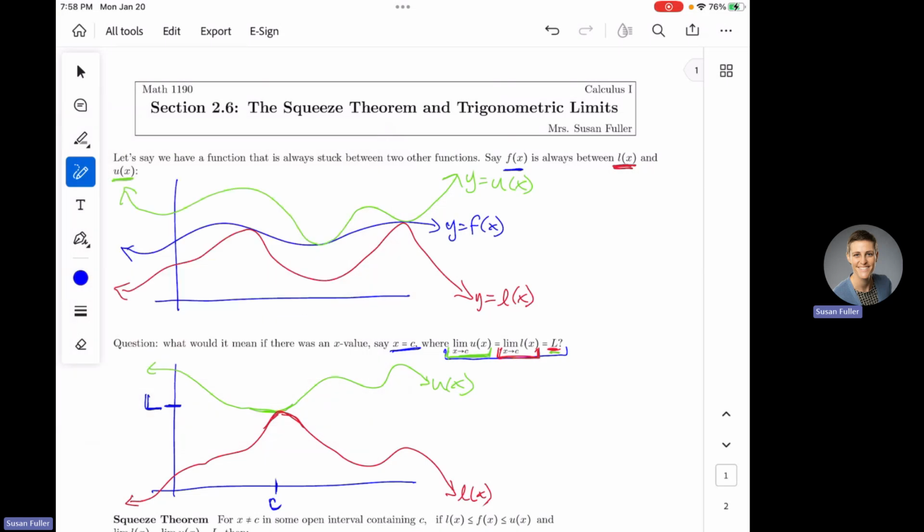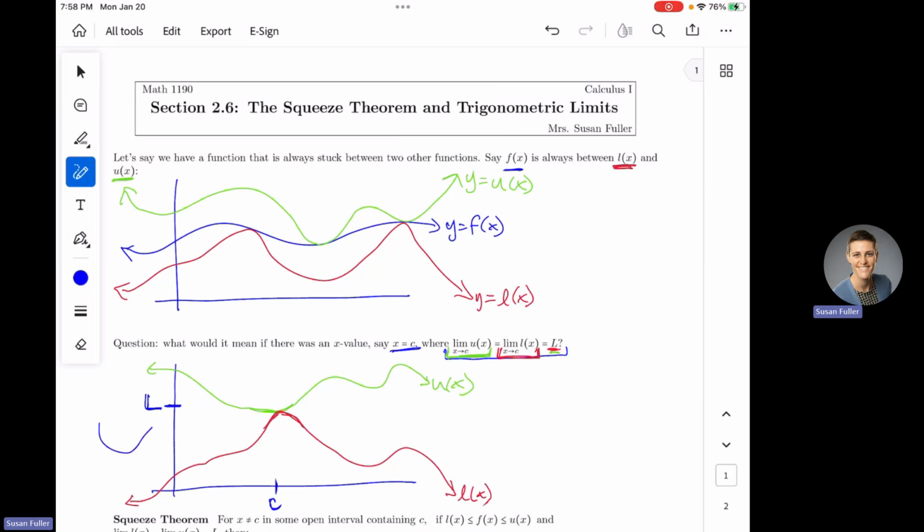Okay, so what would it mean if these two functions had the same limit? Well, notice since both of my y values have to approach the same value, these two functions basically have to come and touch each other there. So what does that mean about f of x? f of x has to be stuck between these two functions everywhere.